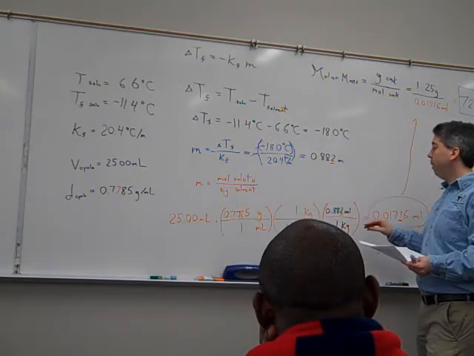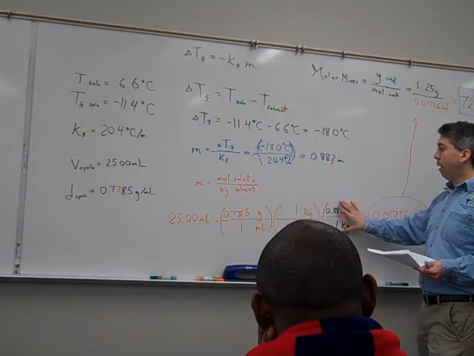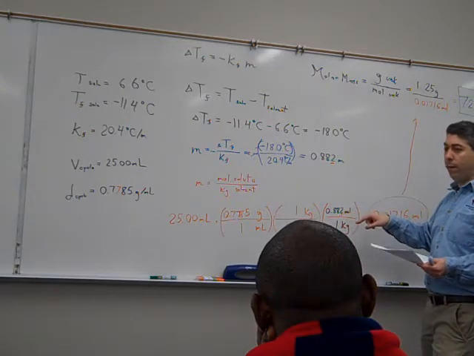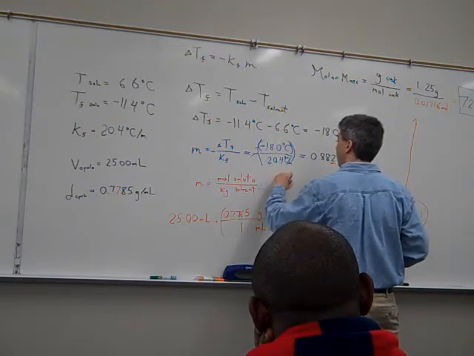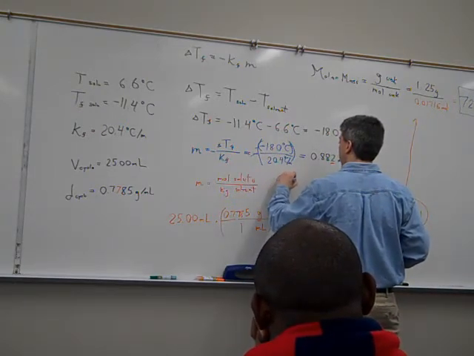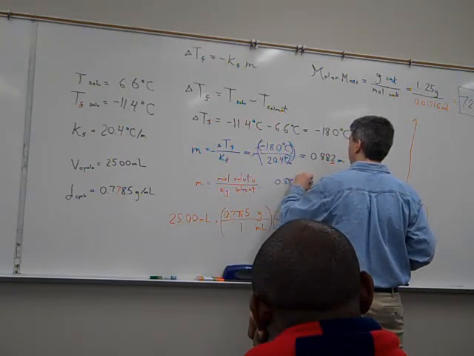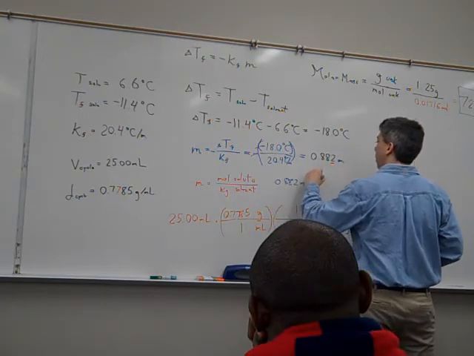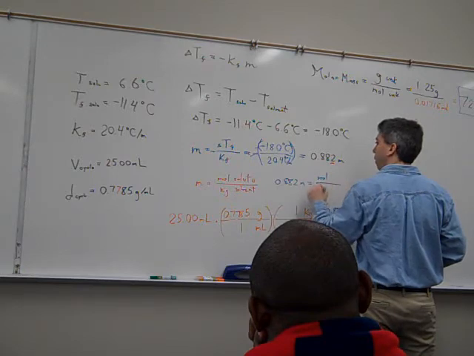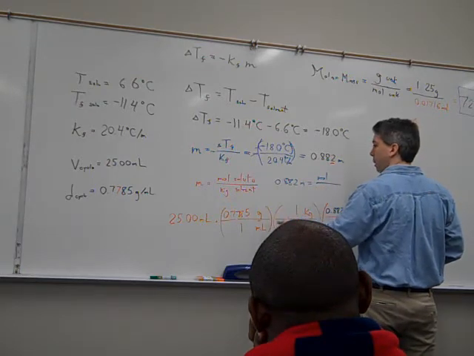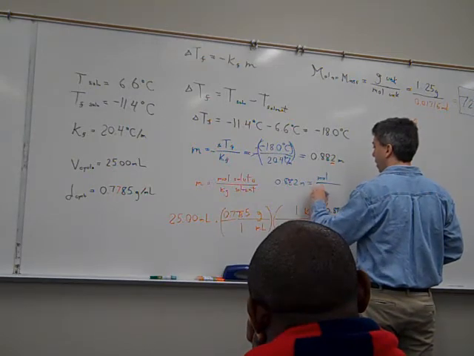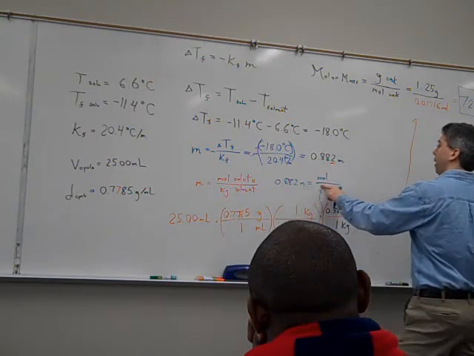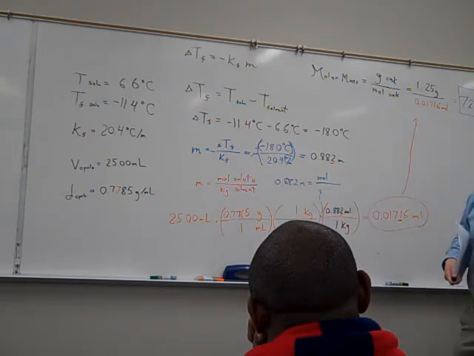Here's the thing. You can either plug the molality in here as a conversion factor, or you can substitute the values into this equation. 0.882 molal is equal to the moles over the kilograms of solvent, and you can plug that in and solve for the moles.